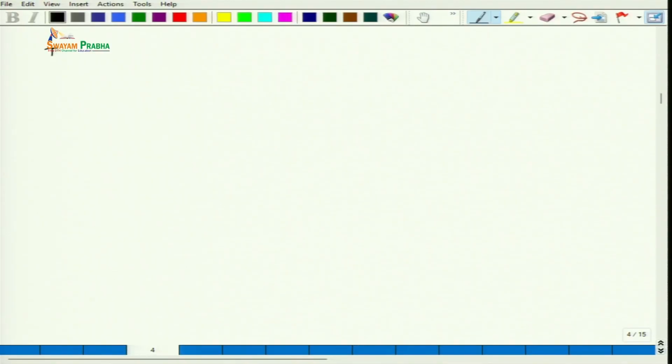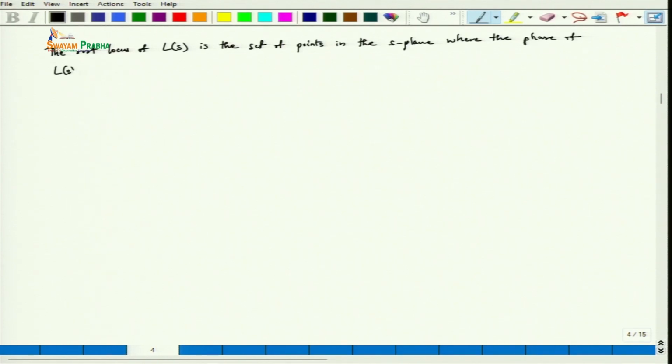So the root locus of L of S is the set of points in the S plane where the phase of L of S is 180 degrees.